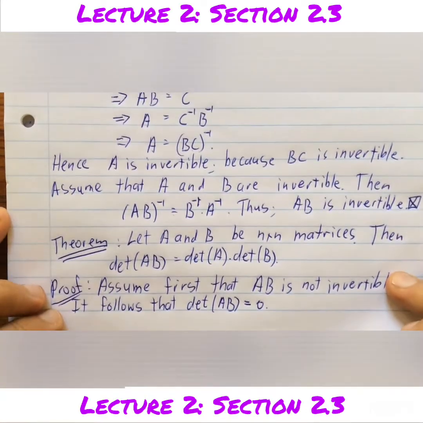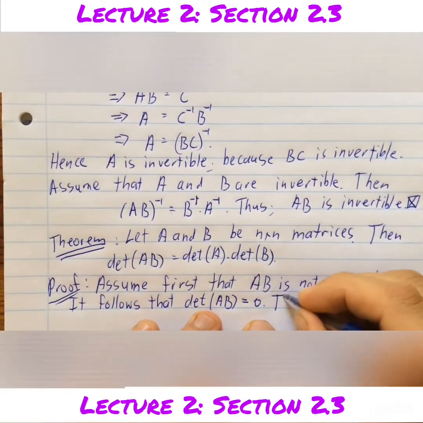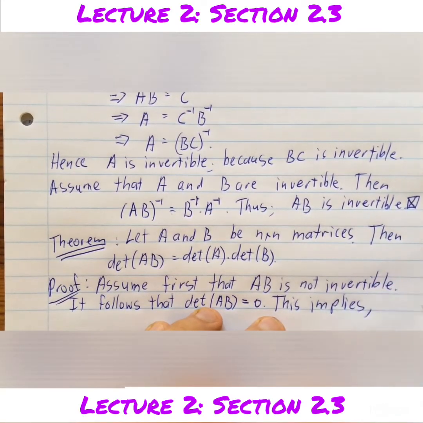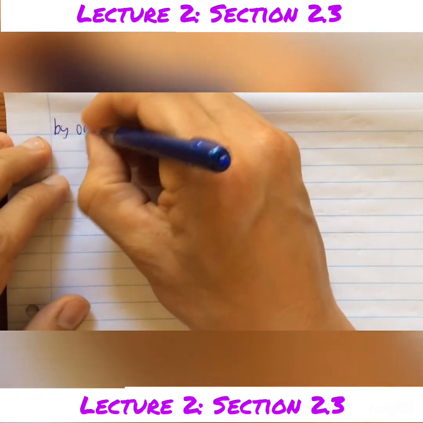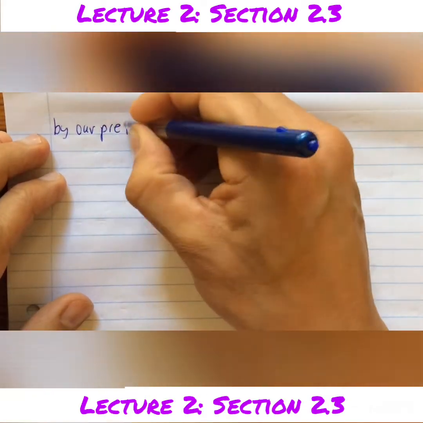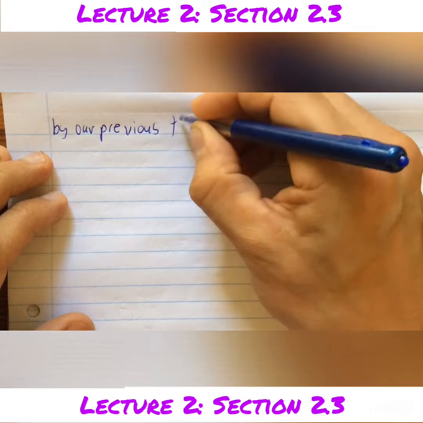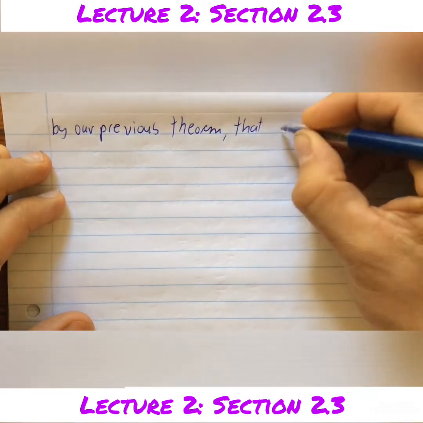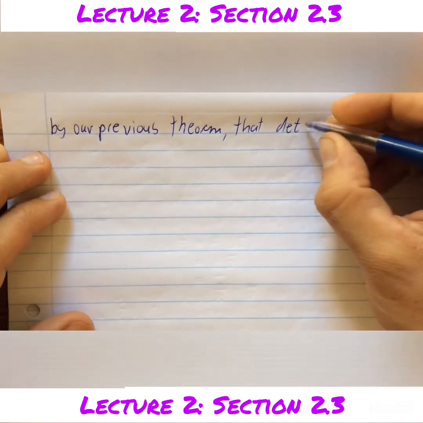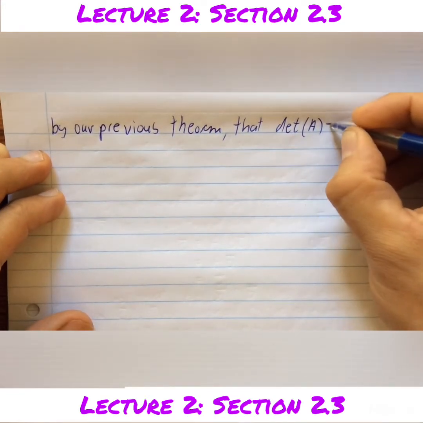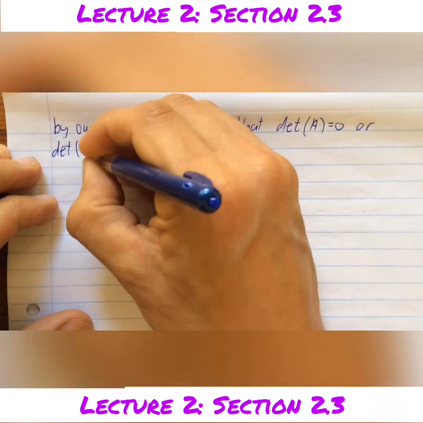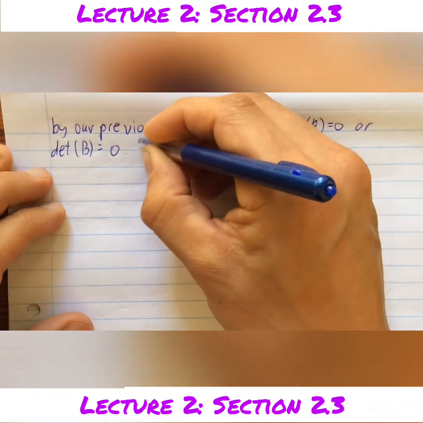Basically applying that, this implies, by our previous theorem, that the determinant of A is 0 or the determinant of B is 0.